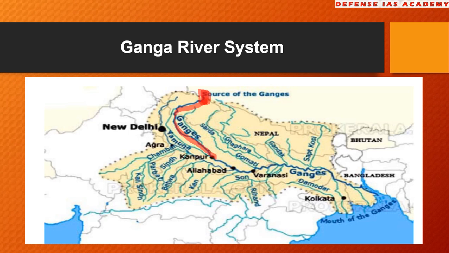So the major tributaries of this Ganga river system are Yamuna, like you can see over here, then the Damodar, Gomati, the Sun, the Saptakoshi, the Ghaghara, the Gandak.